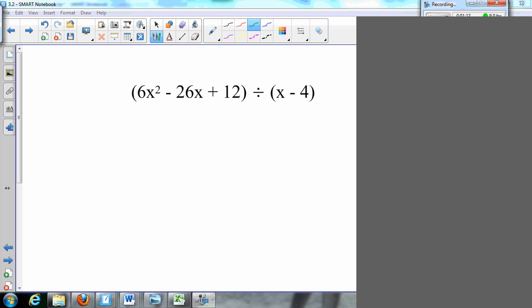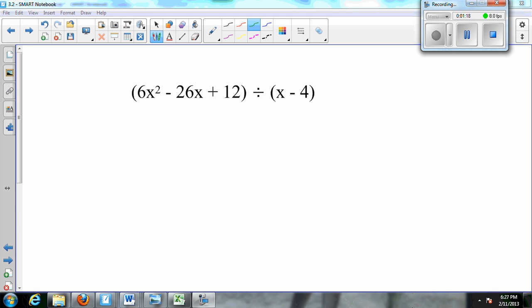So for our first example, we have 6x squared minus 26x plus 12 being divided by x minus 4.